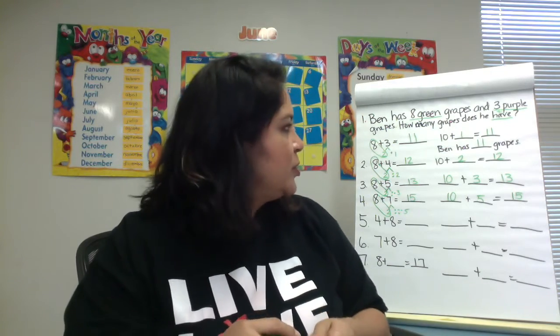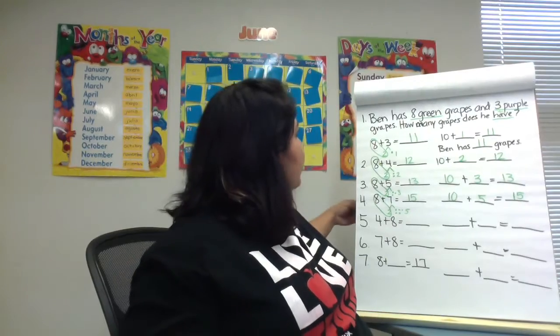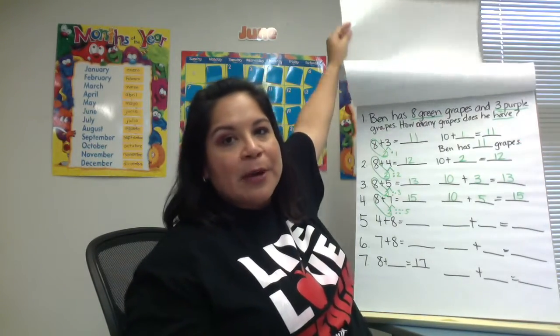Okay, so we're going to go ahead and continue with our social studies. And for social studies, today we're going to talk about continents. Now, for continents, there is a BrainPOP Junior video that you can show your child. This BrainPOP video gives you a lot of information, not only on continents, but on our oceans.